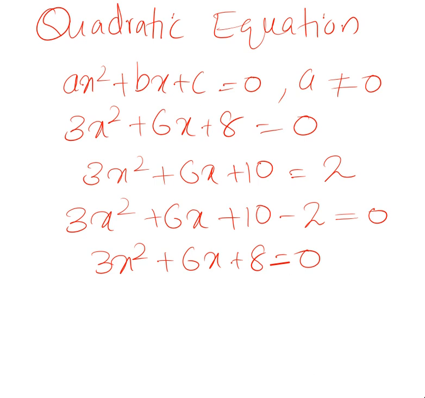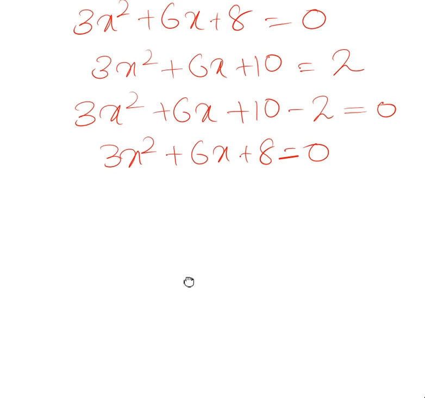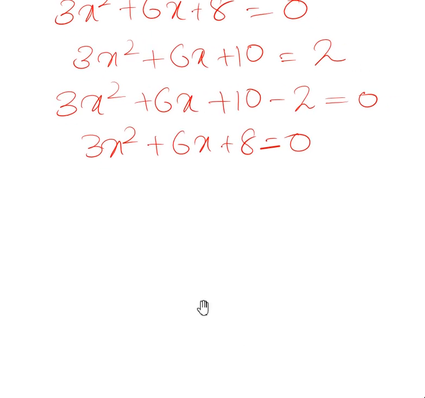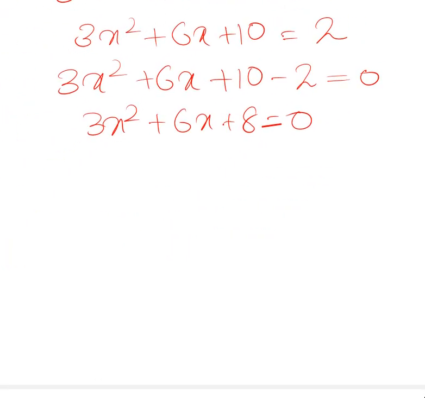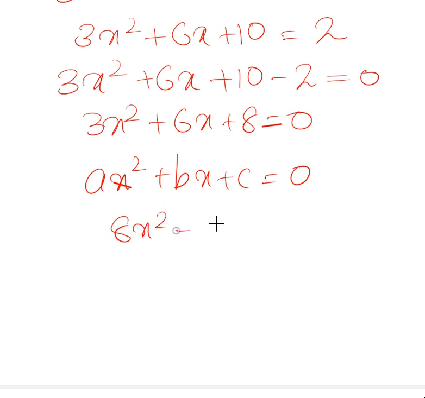So in general, we can say that an equation of the form ax² + bx + c = 0, then the very important thing is the highest power of the variable must be 2 here. We'll show another example. 8x² − 6x + 11 = 0.